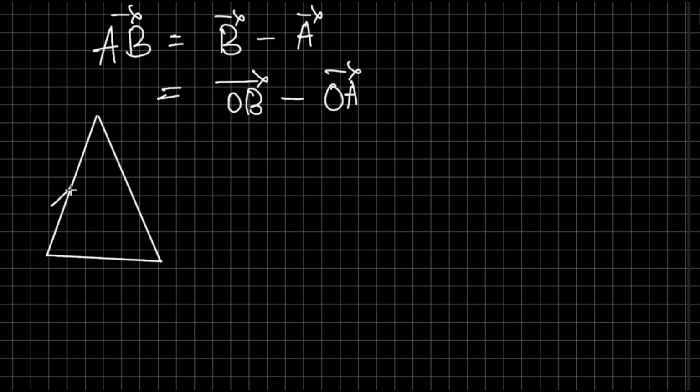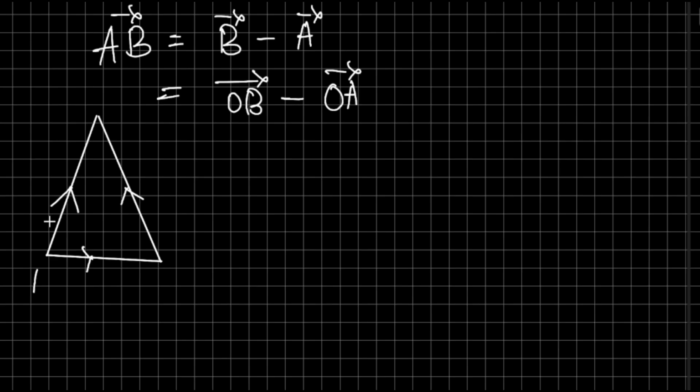Let's see what we are saying. So if you have this and this and this, for instance, and let's say A, B, C, or we put O somewhere.